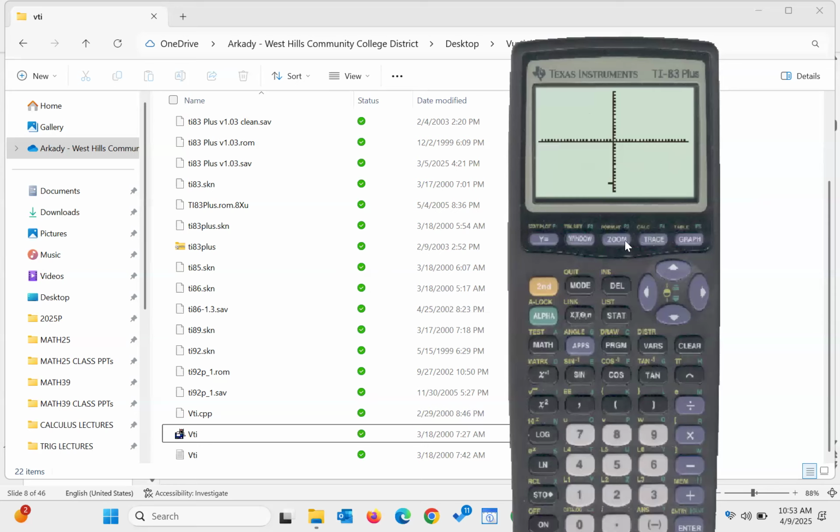Let's go back up to window. How about if we just go half a revolution? I'm going to go from 0 to 180. Now, how fast do I want this to calculate? Every degree? Okay, let's put 1 in here. Enter, and we're going to go half a revolution.